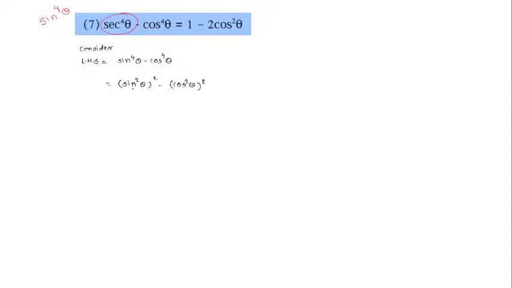We can write this sine raised to 4 theta as sine square theta bracket square minus cos square theta bracket square. Now we have here a square minus b square. So if we write that a square minus b square, we have the expansion formula, that is a plus b into a minus b.